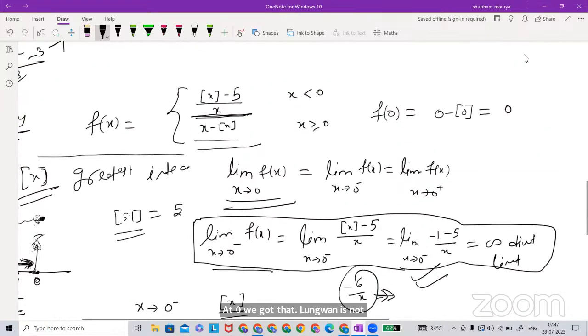Is there any other point where the function is not continuous? Now we need to think: for some greater values, is the function continuous or not?